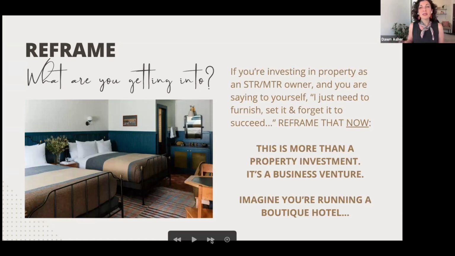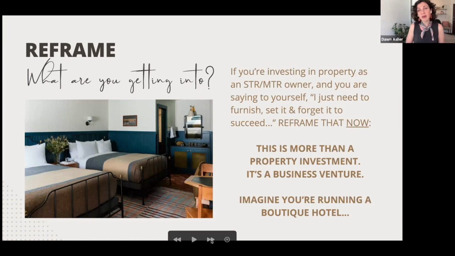Travelers are constantly looking for new and fresh and what's next, and so we think about short-term rentals and even mid-term rentals as if you are running a boutique hotel. The travelers who are coming to your doors are looking for unique, one-of-a-kind experiences. The mainstream of travelers do not travel like they used to.